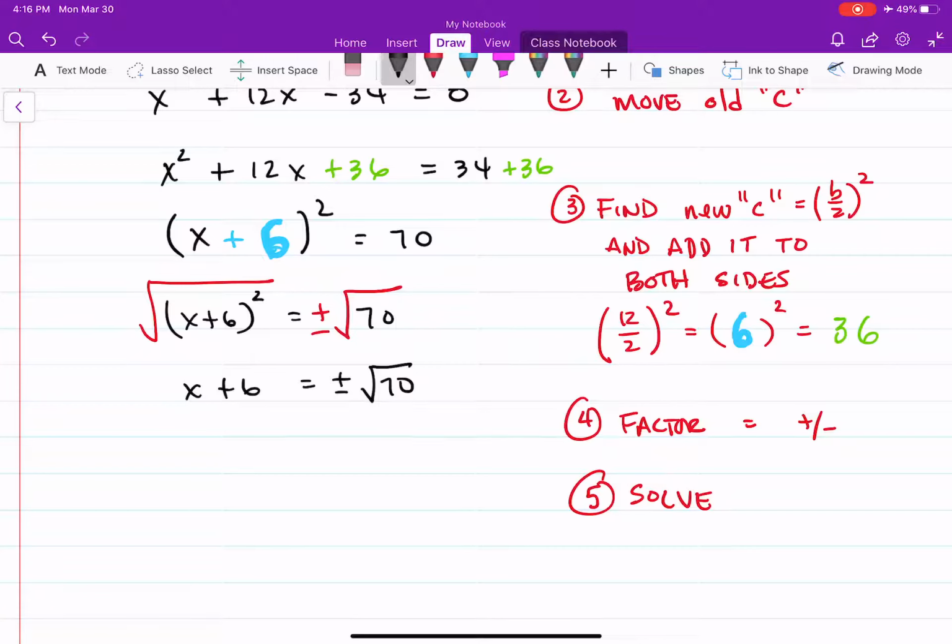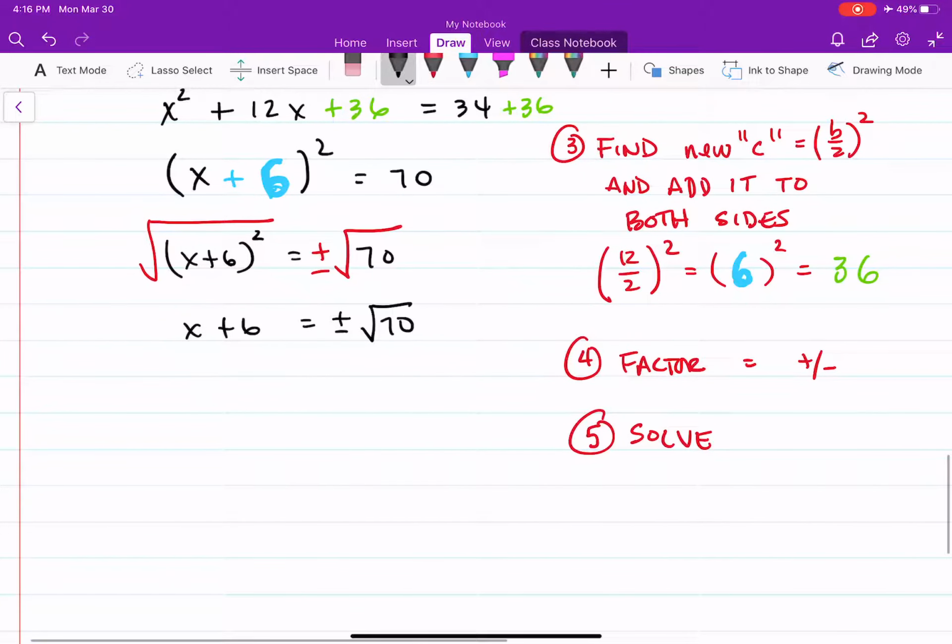And even if I was to break down 70, 70 is 2 times 5 times 7, which has no pairs. So therefore, I can't simplify square root of 70 at all. So that means I continue on. I got x is equal to negative 6 plus or minus the square root of 70. All right, so that's my answer.